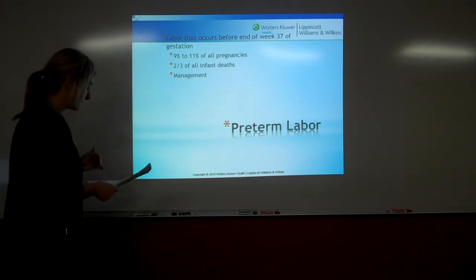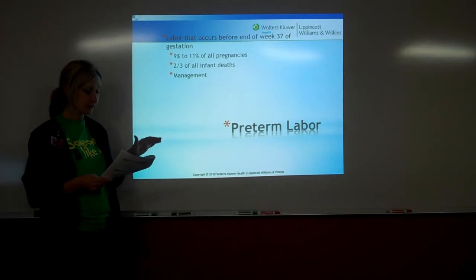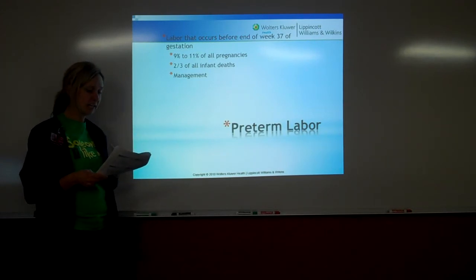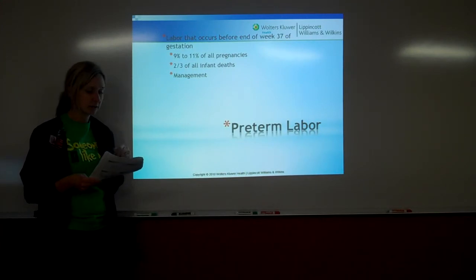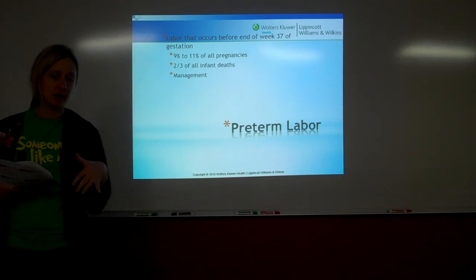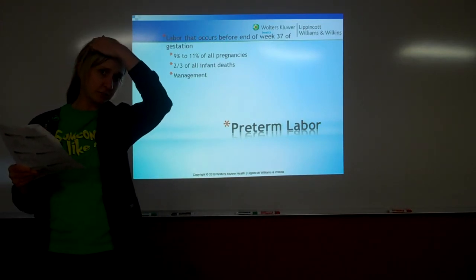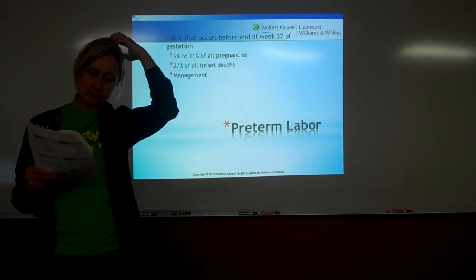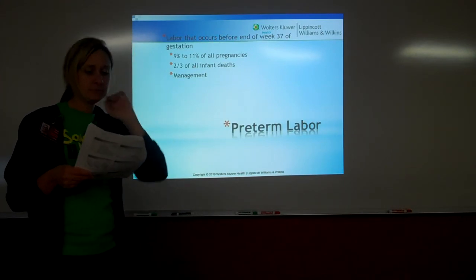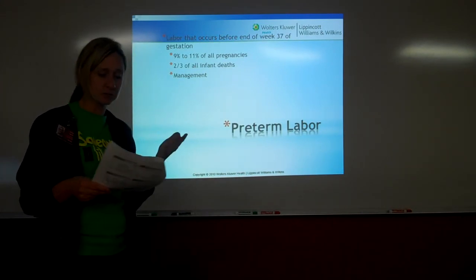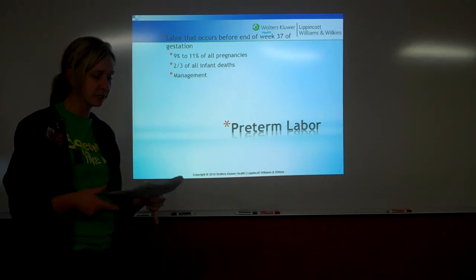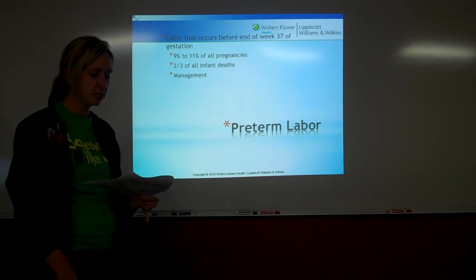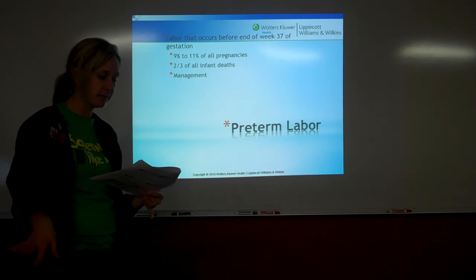Bed rest, pelvic rest, meaning no sex, nothing in the vagina, hydrate mom, treat for any suspected infections. We could do a fetal fibronectin test. If it comes back positive, it could tell us that mom's at increased risk for preterm delivery. Measure cervical length by ultrasound. If it's shortened, that means she's at increased risk. We could do a biophysical profile, non-stress test. That's testing the baby's status.